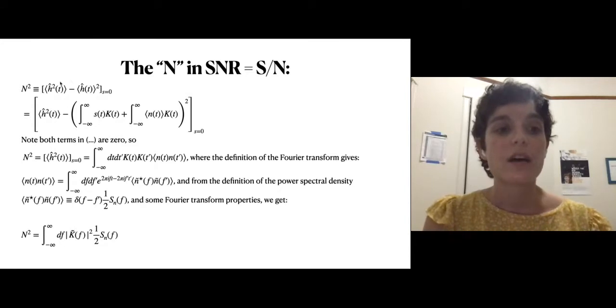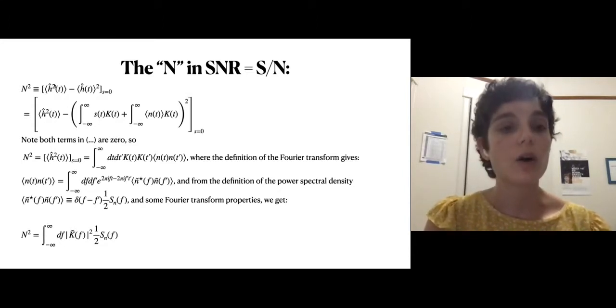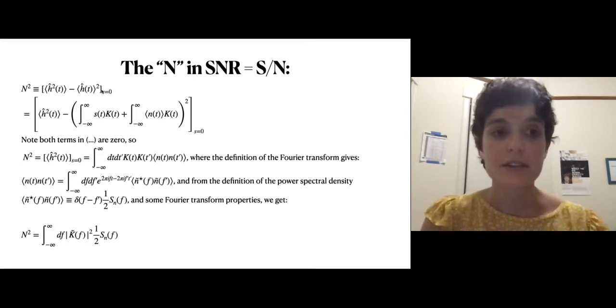So the N term is the root mean square of this h hat statistic: the expectation value of h hat squared, minus the square of the expectation value of h hat for S equals 0, so in the absence of a signal.